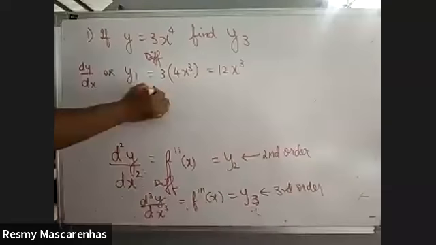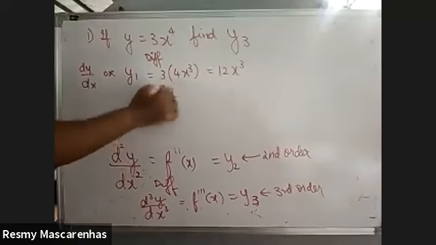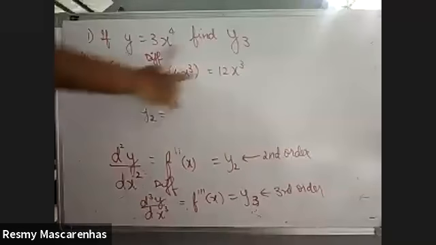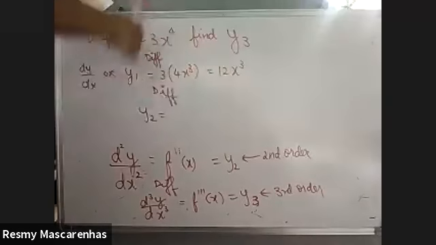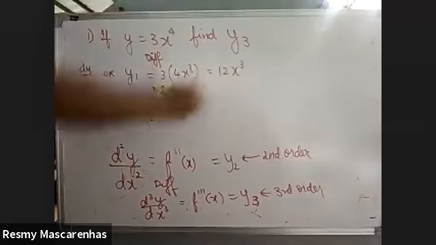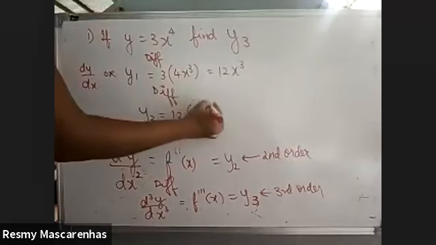So we have found only y1, and we'll have to differentiate it again. For y2, you have to differentiate the answer, not the question again. From here you find the derivative. This is already 12, and the derivative of x cube will be 3x square, so the answer will be 36x square.